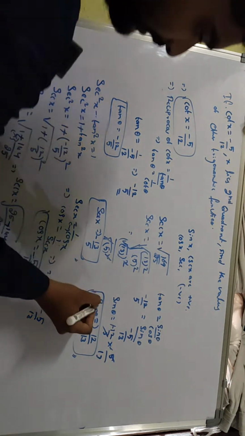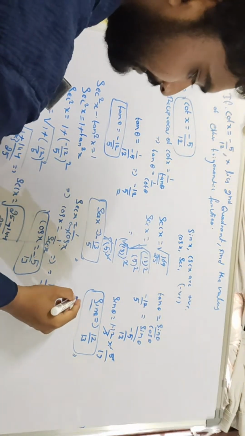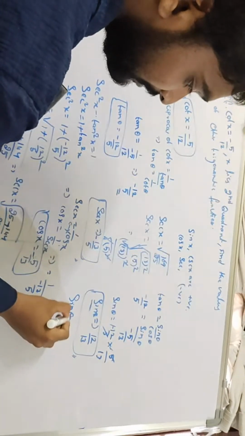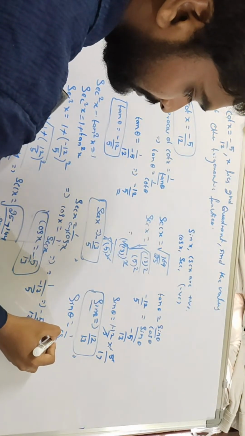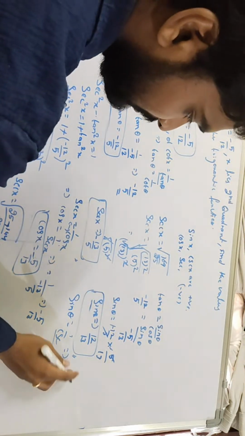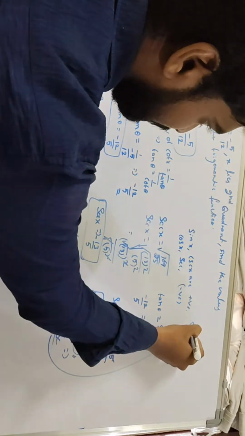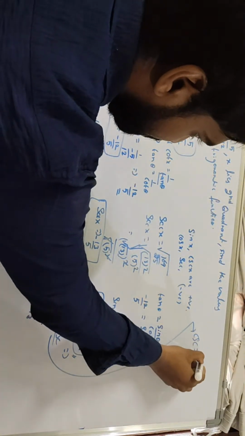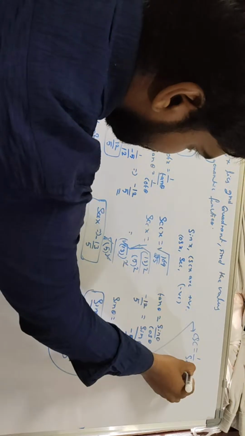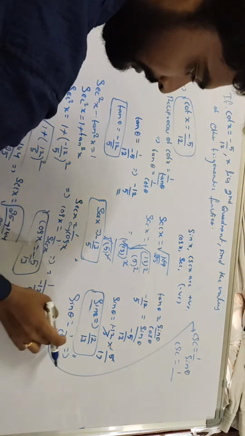What is that? Sin theta already. The reciprocal of sin theta becomes cosecant theta. That means sin theta is equal to 1 by cosecant theta. So we are going to find cosecant theta. So cosecant theta is equal to 1 by sin theta.